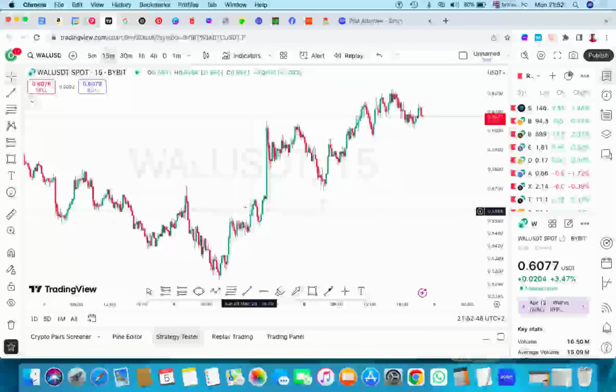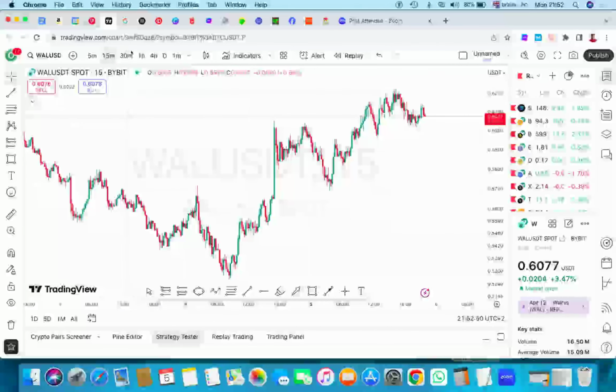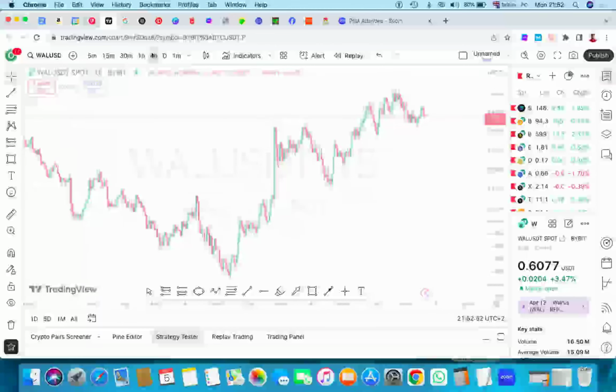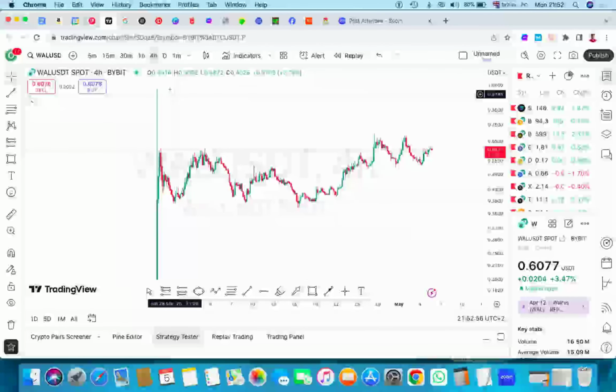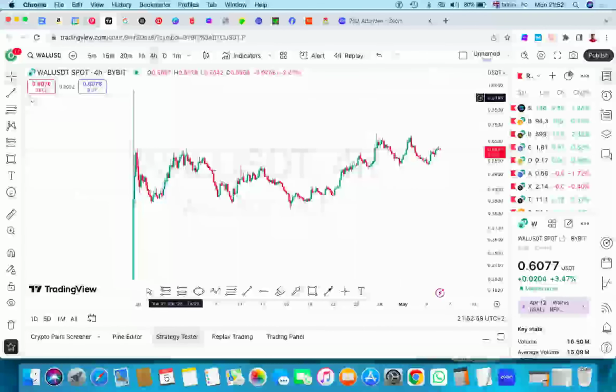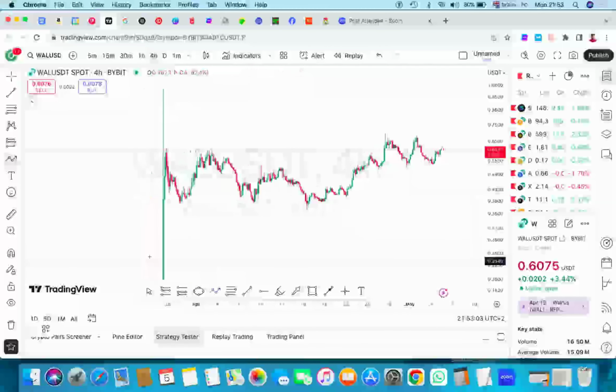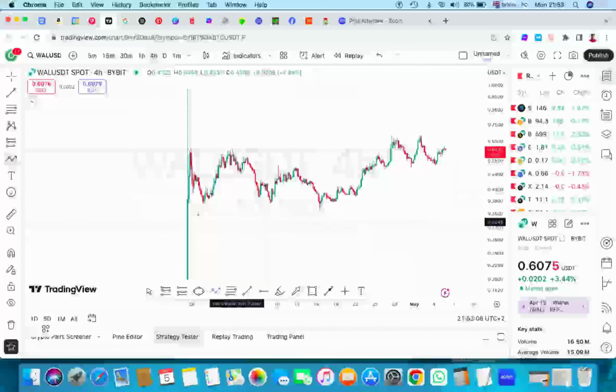So look, we are on 15 minutes here, and if I wanted to do a quick market structure on this Wild, it's a very clear trend. It's an uptrend, but I think it's a very new coin.